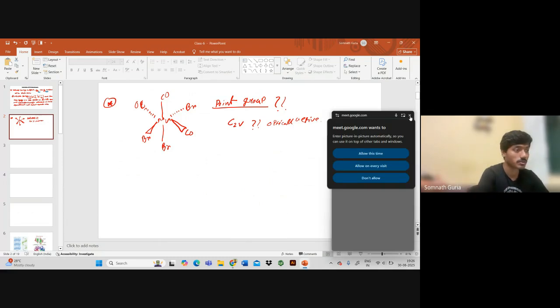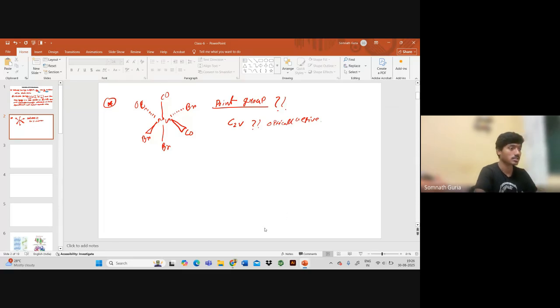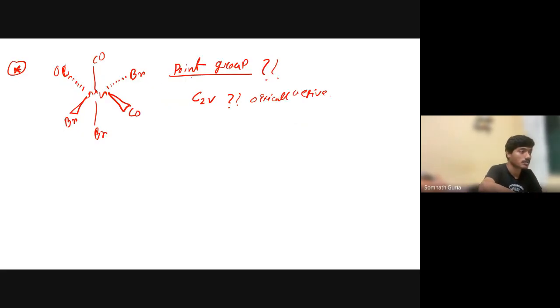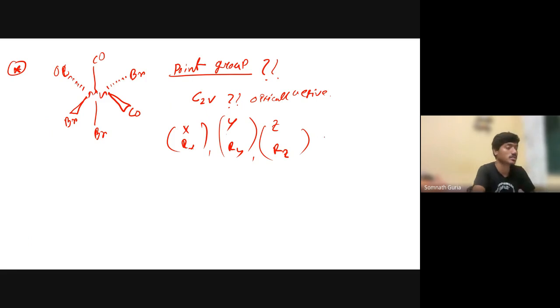So as it is C2V point group, there is no chance of activity of Rx, Ry, or Rz, active simultaneously or in any one particular situation.